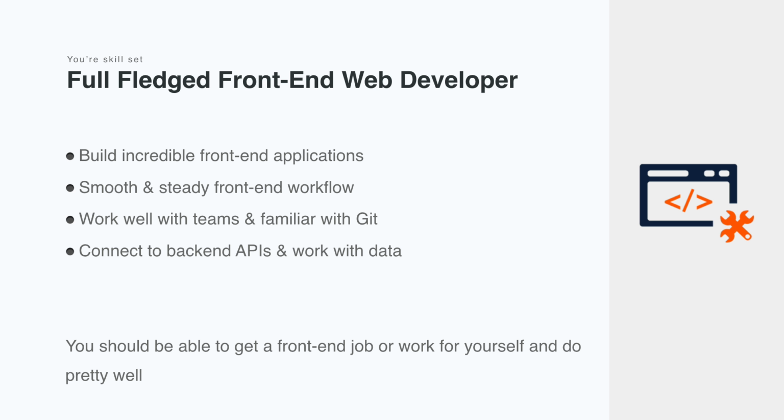All right, so if you know HTML, CSS, Sass, and a JavaScript framework, then you can call yourself a full-fledged front-end developer, and you should be able to build pretty incredible applications. You should have a smooth and steady workflow. By now you're using Git, NPM, etc. You should be able to work with back-end APIs and data.